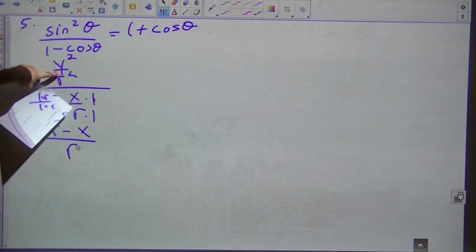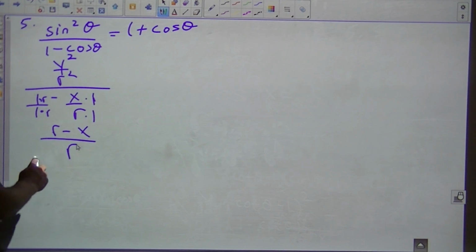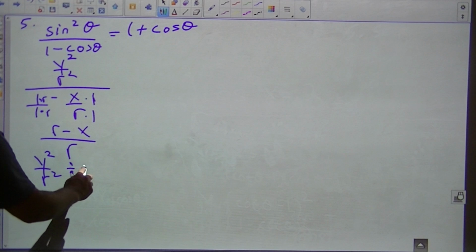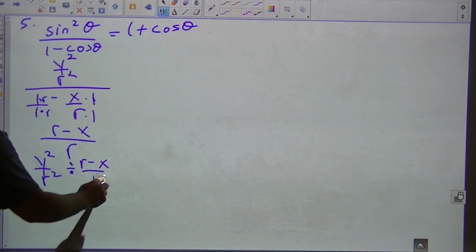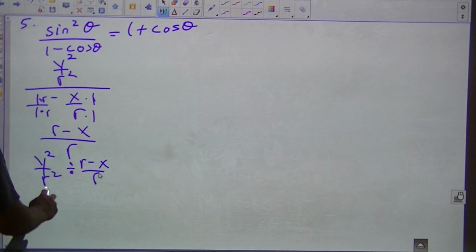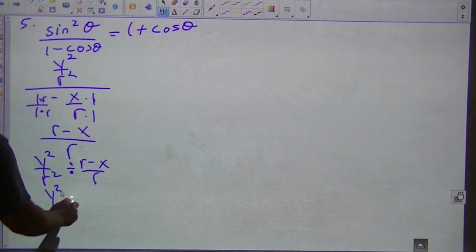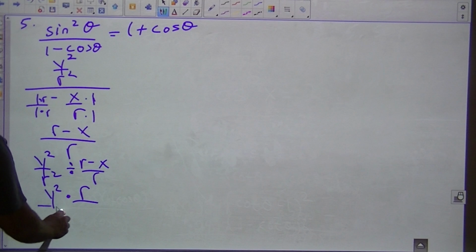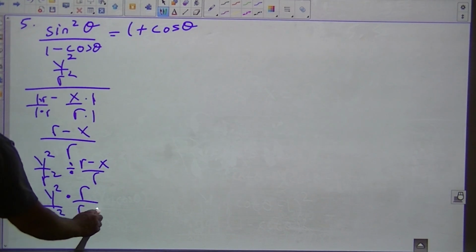So my division: y squared over r squared divided by r minus x over r. What I'm going to do is flip that. So it's going to be y squared times r, and this is going to be r minus x.